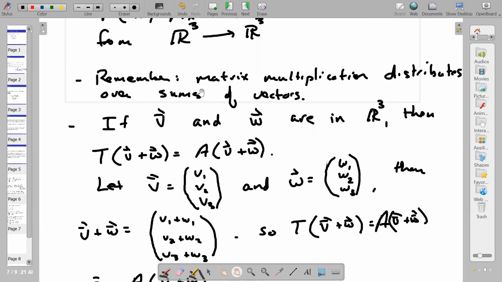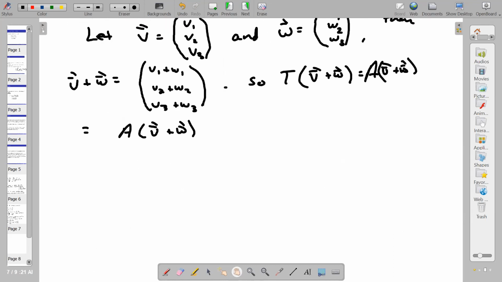Going back to the first statement, matrix multiplication distributes over sums of vectors, so we distribute the A. By definition, that's the same as the sum of the two transformations. That particular property isn't that surprising, and it follows from something that we want to be true about matrix multiplication.